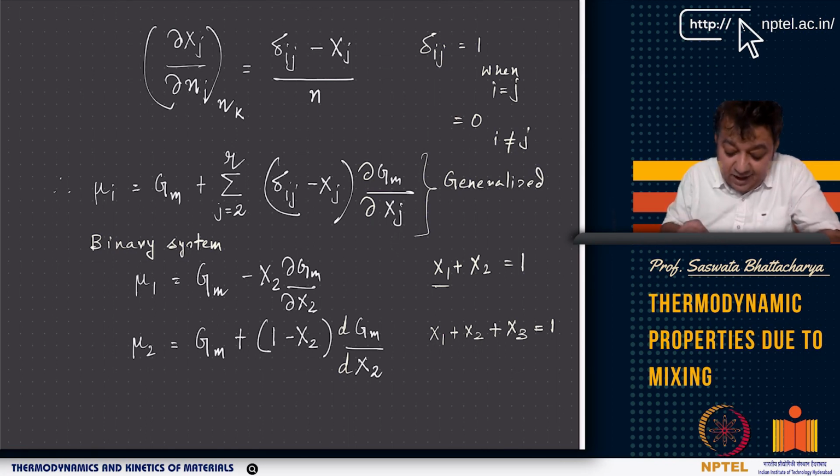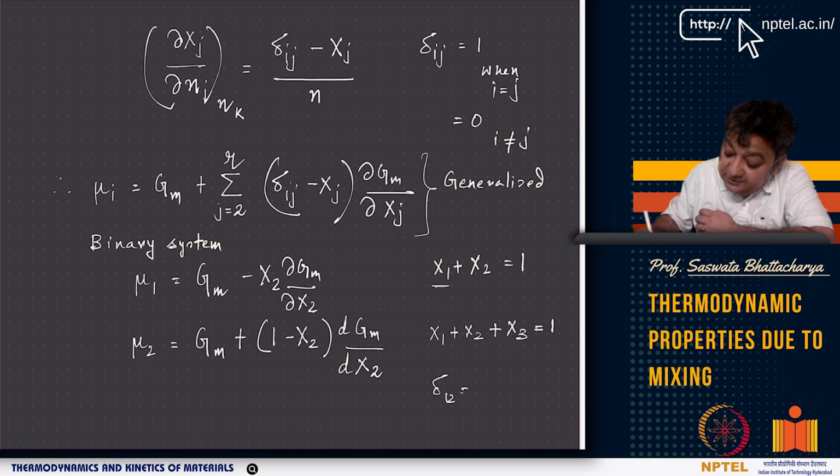Now if you put i equal to 1, you start with j equal to 2, so there is no other term. Delta 1 2 will be equal to 0, right?